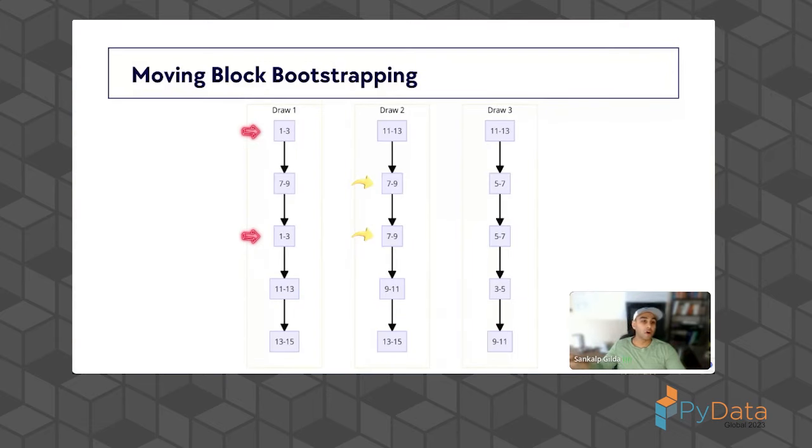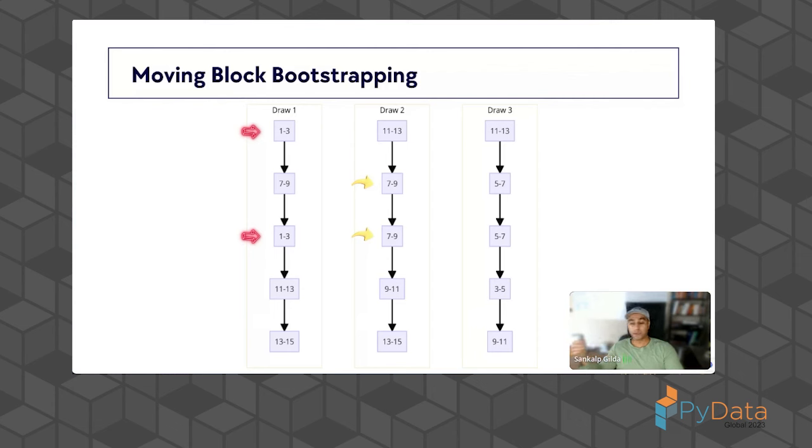Again, recall that my time series indices are 1 through 15, and I have 3 draws. You'll recall from a previous slide that we drew individual points, but here, like I mentioned, we draw blocks. Before drawing blocks, the first step is to create those blocks. So here I've specified a block length of 3.